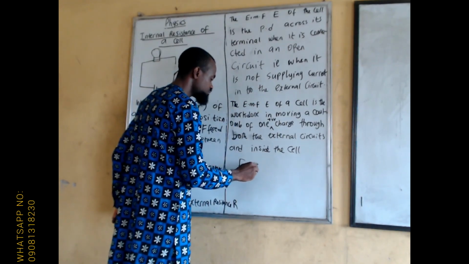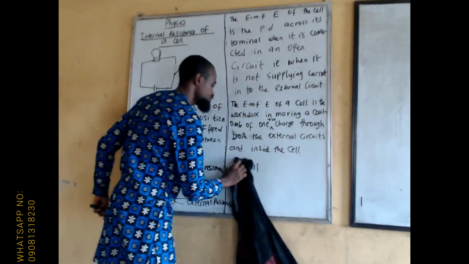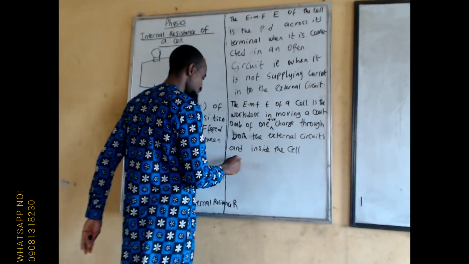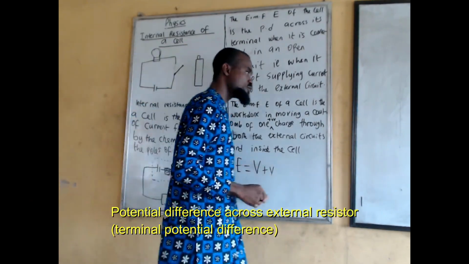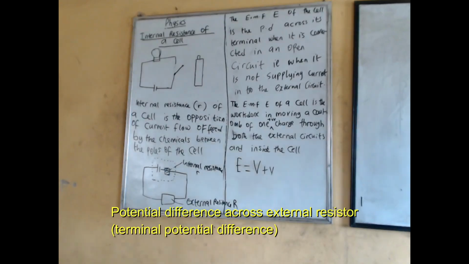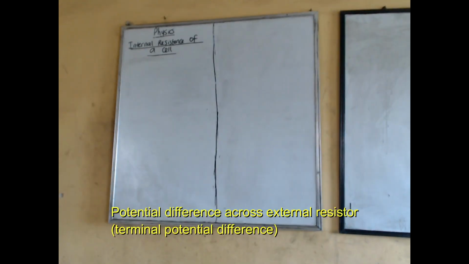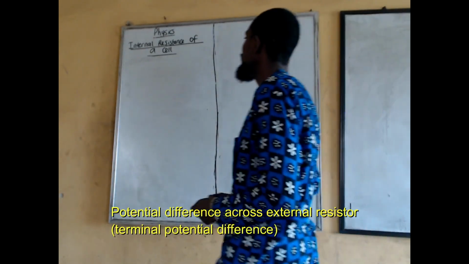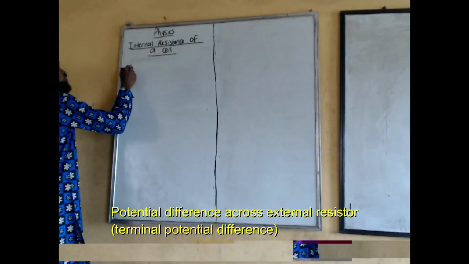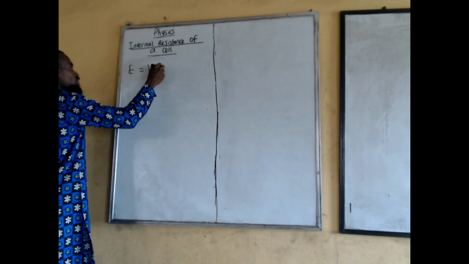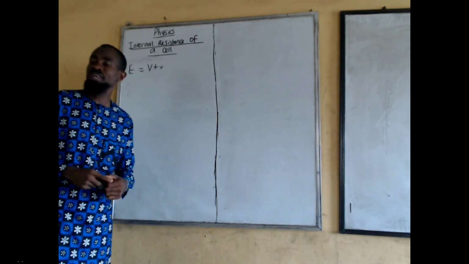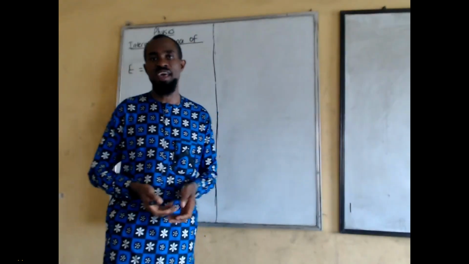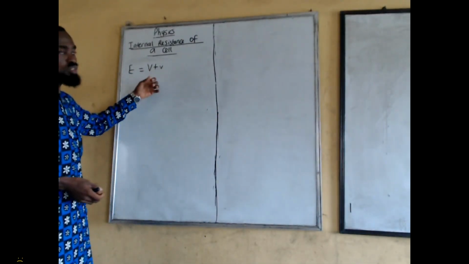EMF, which you denote as E, is equal to big V plus small v. That is to say, to get the EMF of the cell, you have to add big V to small v.